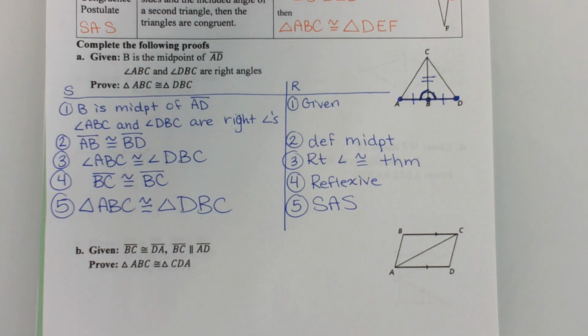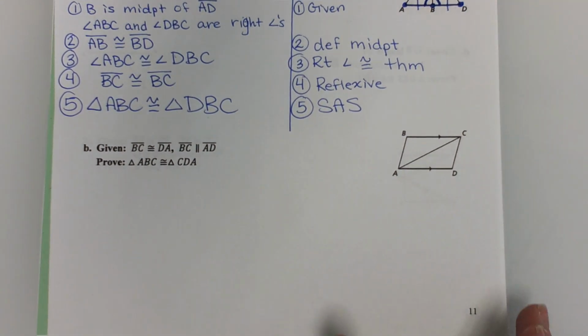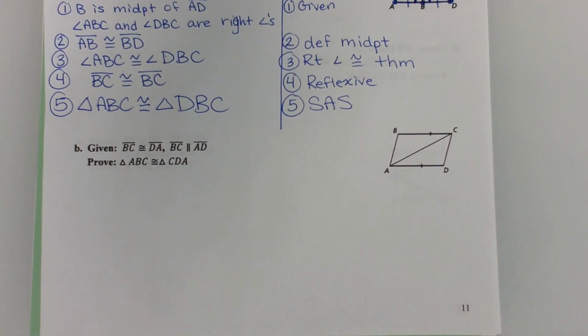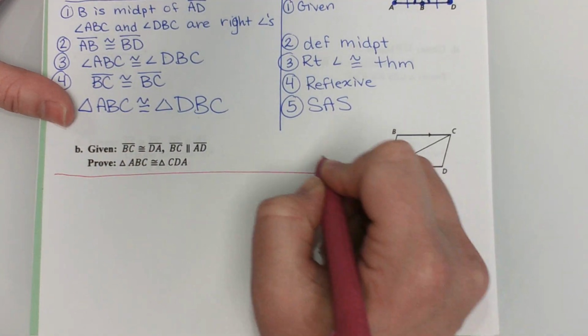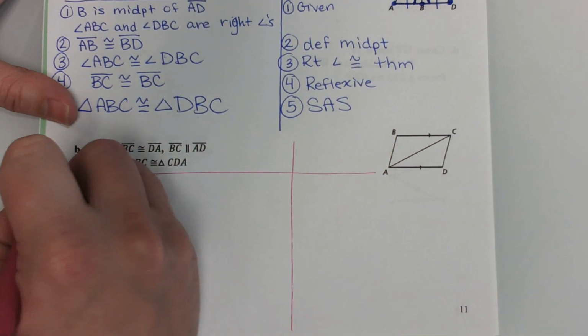This is a proof that's on the longer side for this chapter, all 5 steps of it. That is a longer proof in this chapter. Let's do a couple more.